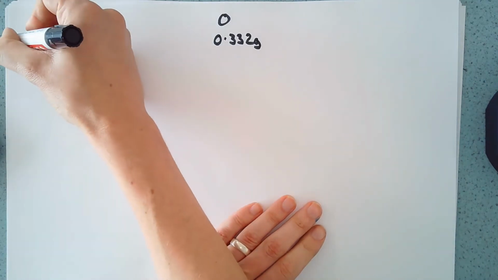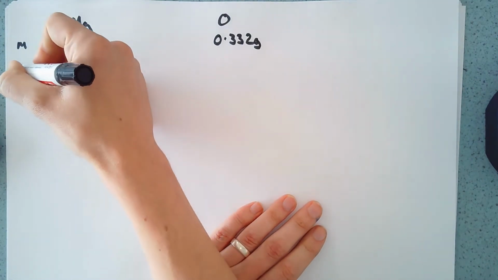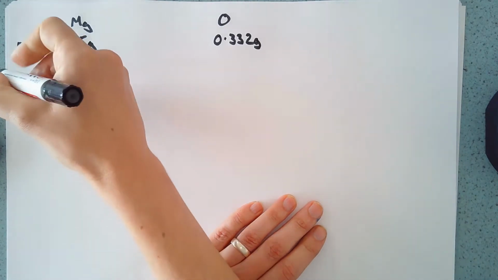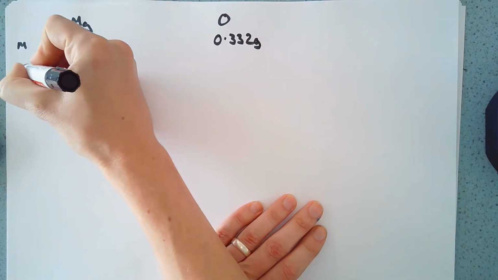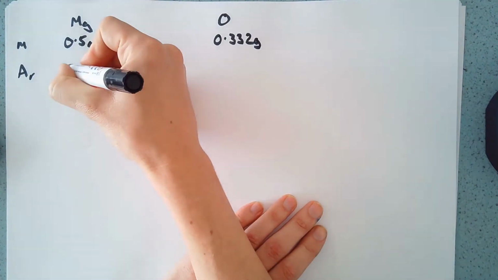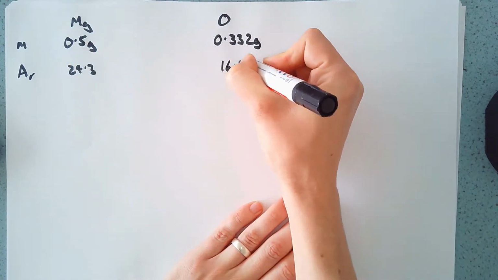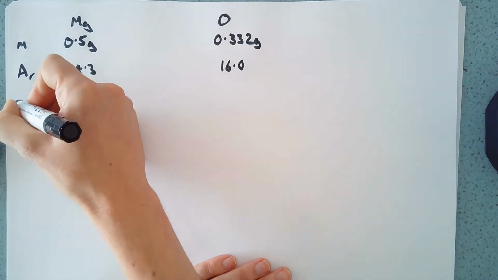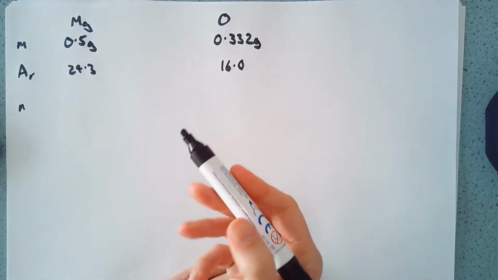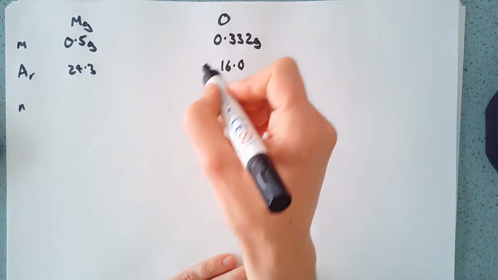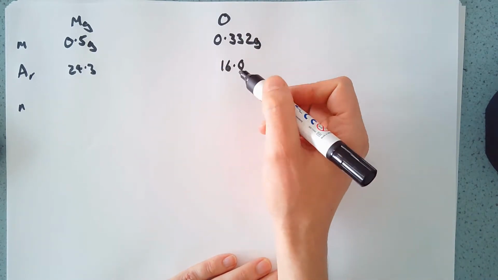So, having a mass and knowing that different elements have different relative atomic masses, we can take 24.3 and 16.0 for those. We can work out the number of moles of particles of magnesium that we put in and the number of moles of particles of oxygen that have reacted.